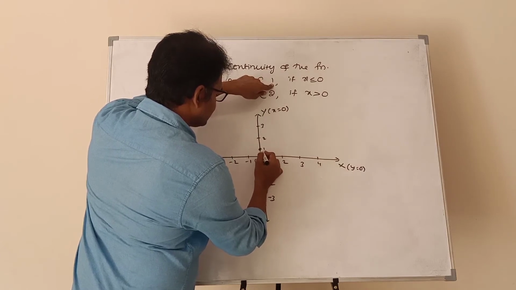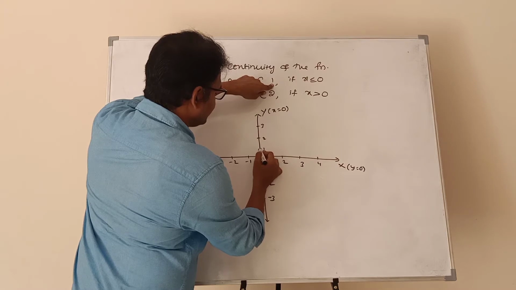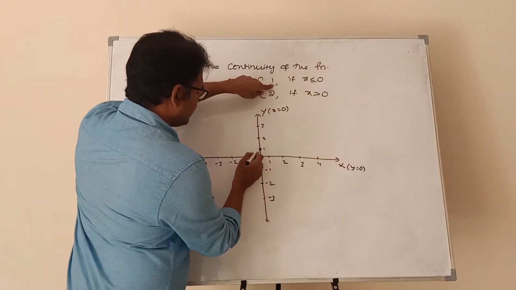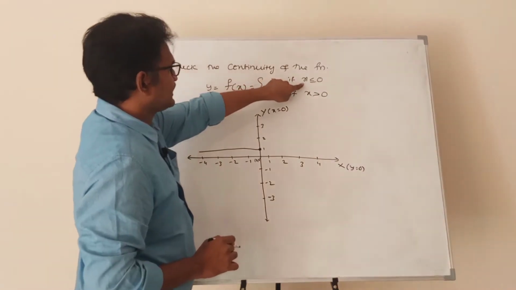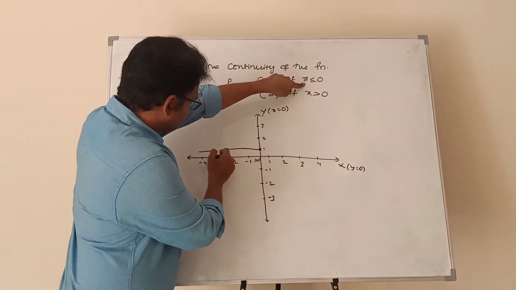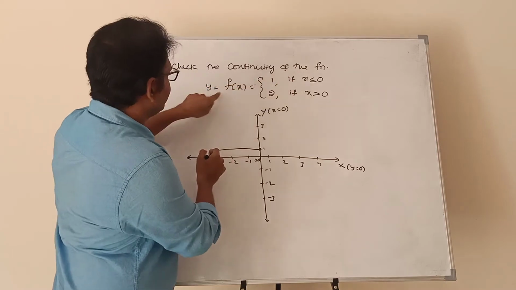Since the y value includes x equal to 0, you need to put a filled bubble like this. So the y value is 1. If x is negative, the y value is 1.